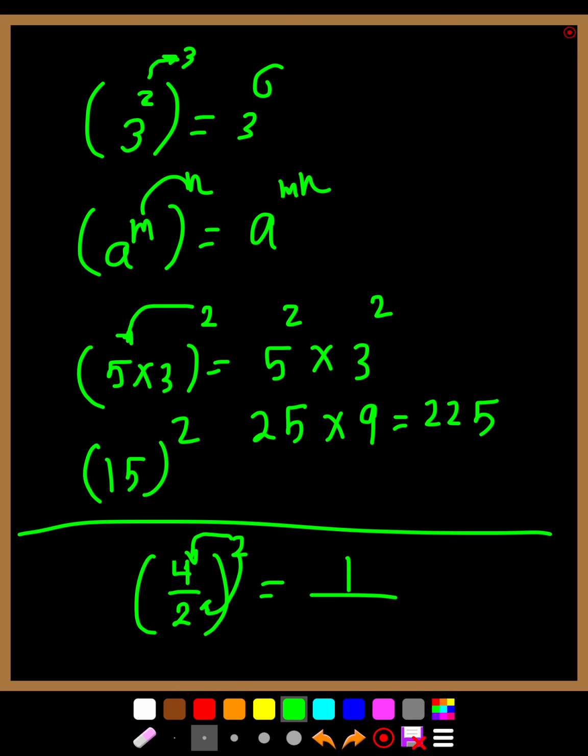So that will be 4 raised to 2 and 2 also raised to 2. 4 raised to 2 will be 16, and 2 raised to 2 will be 4. So 16 over 4 will be 4. Also, 4 divided by 2 will be 2, raised to 2, it will be 4. So it's correct also. That's good.